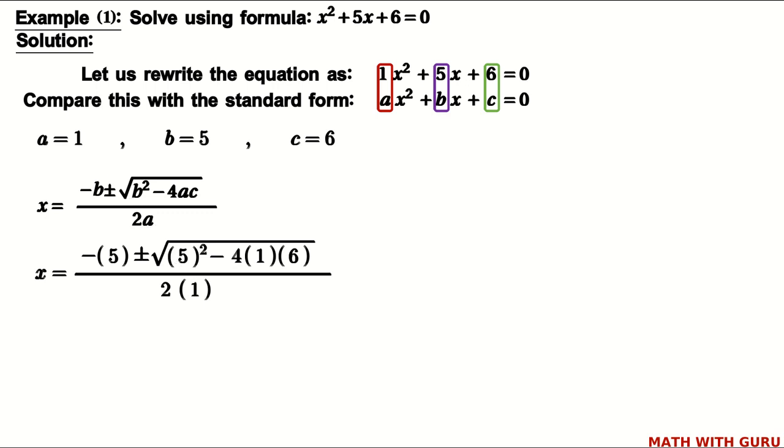Now let us simplify. x equals minus 5 plus or minus root of 5 squared is 25, minus 4 ones are 4, 4 6s are 24, divided by 2 ones are 2.